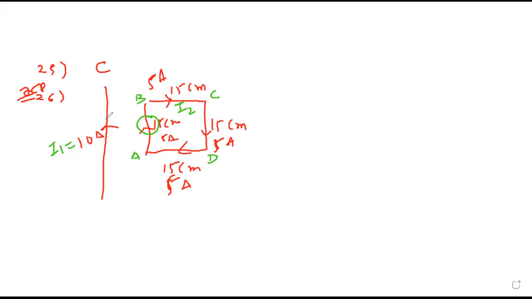Due to the current 10 ampere, it will be inward, correct? Inward. And current is in this direction. What is the direction of force? By Fleming's left hand rule, field is inward, current is upward. Where am I getting outward?